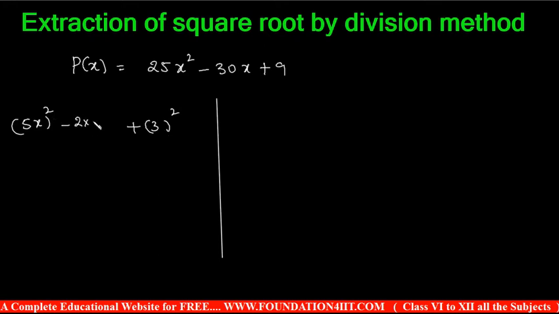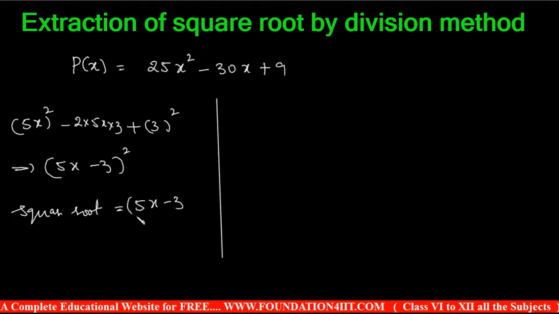So 2 into 5x into 3: 2 fives are 10, 10 threes are 30. Minus 30x is matching. So this is 5x minus 3 whole square. Therefore the square root is equal to 5x minus 3.